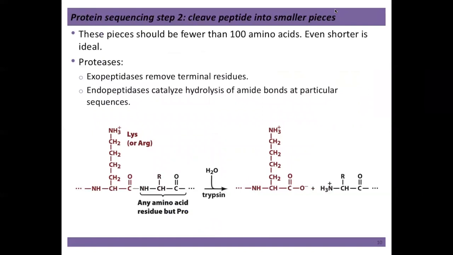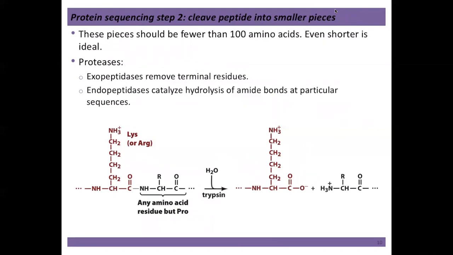Step two, you've got to cleave the peptide into smaller pieces. Now, if you just used a hydrolysis reaction, you're going to get a bunch of random sequences. And that's what Sanger did, and that's one of the reasons it took so long, is they were just random. So if you could find a way to specifically cleave at different sites, you would get more defined fragments.